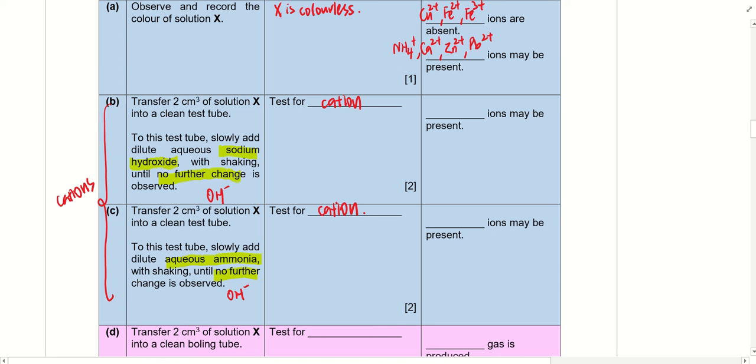Now, what are the changes that you actually see? For B, you first get a white precipitate when you add a few drops. Then you realize that the white precipitate dissolves in excess to give a colorless solution.